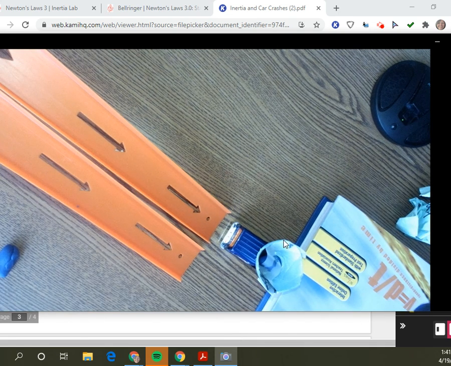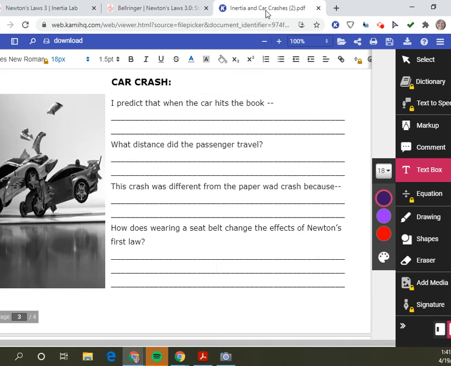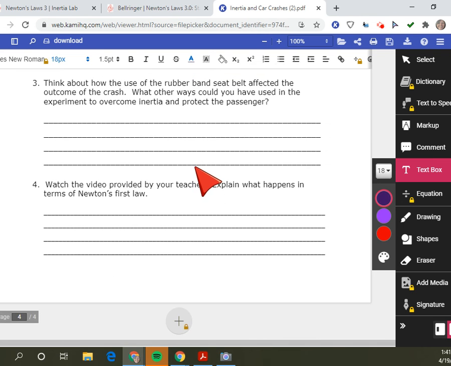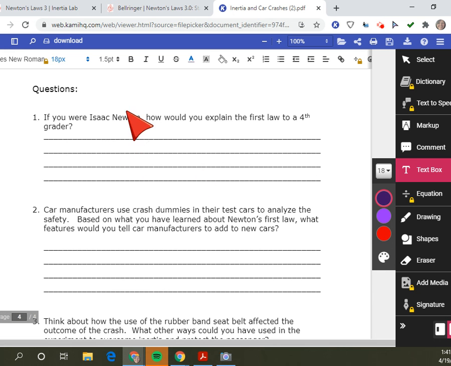This is usually one that's a lot of fun, but we couldn't share things. All right, so now we have some questions to think about on our own. It says, if you were Isaac Newton, how would you explain the first law to a fourth grader? So you guys are smart people. Fourth graders haven't really talked about Newton's first law.